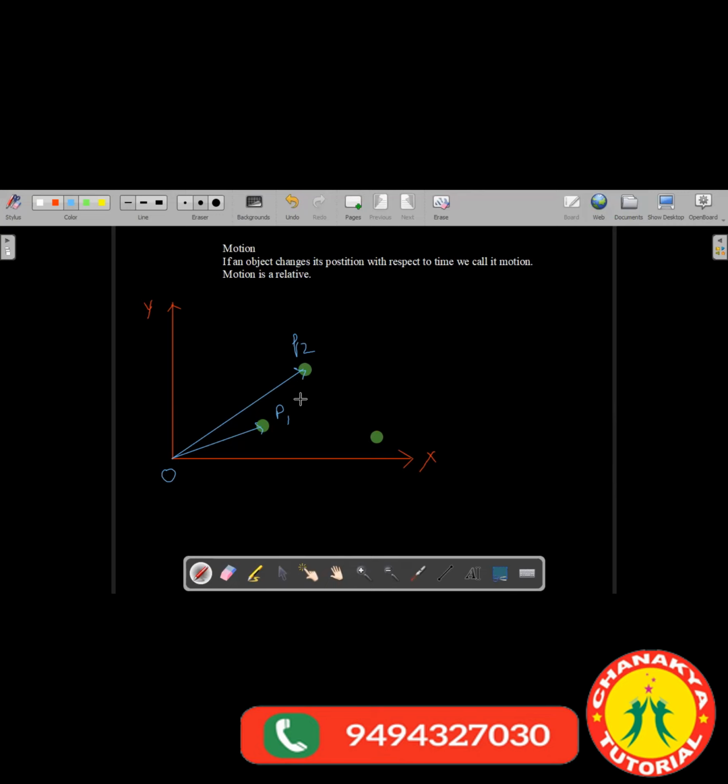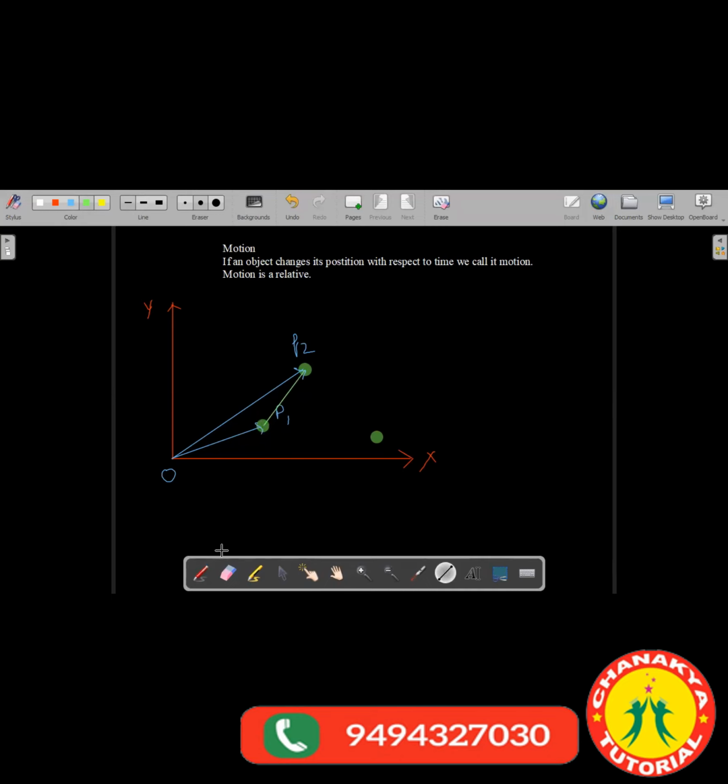So here we have the position vectors OP1 and OP2. If the object moves from the position P1 to P2, I can say that the object has made some displacement, and the displacement is taken from the position P1 to the position P2.